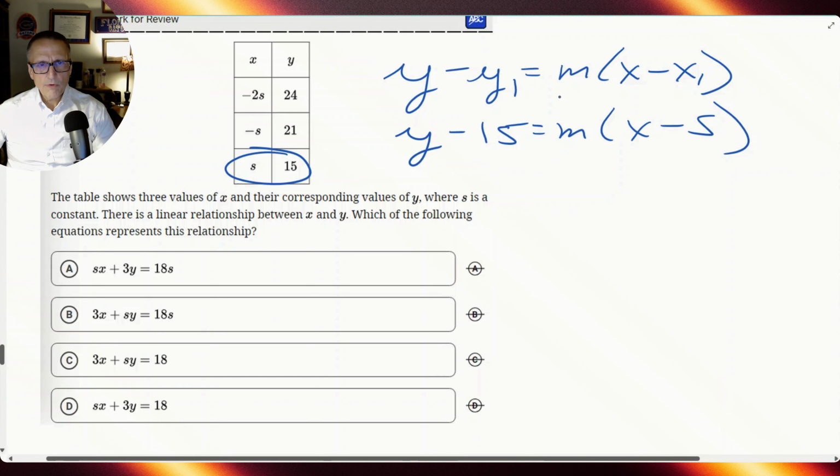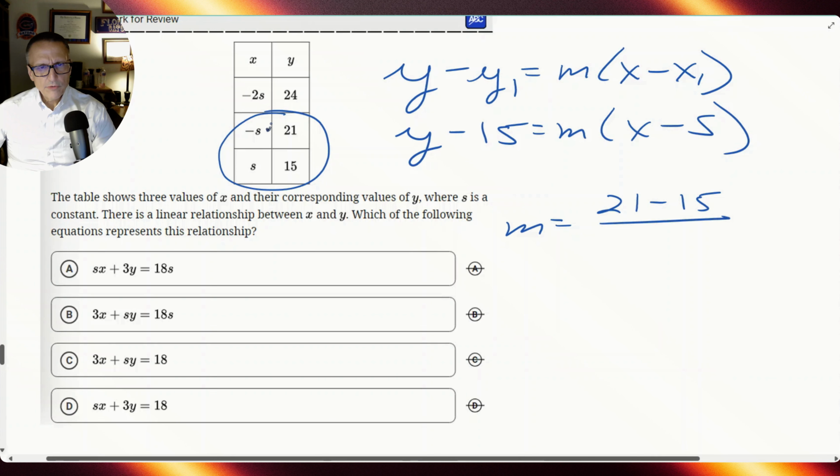And to find slope, what we do is we use 2 points and we use the definition of slope, rise over run. So I'll calculate the slope using those 2 points. I'm going to take 21 minus 15 as my rise, and then I take the two corresponding x values, negative s minus s.